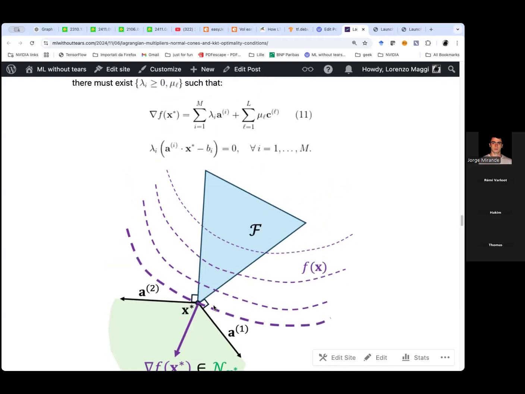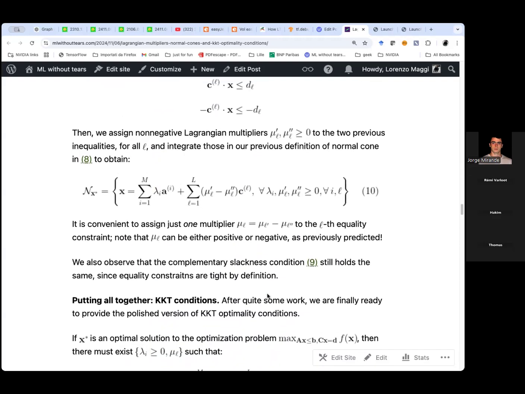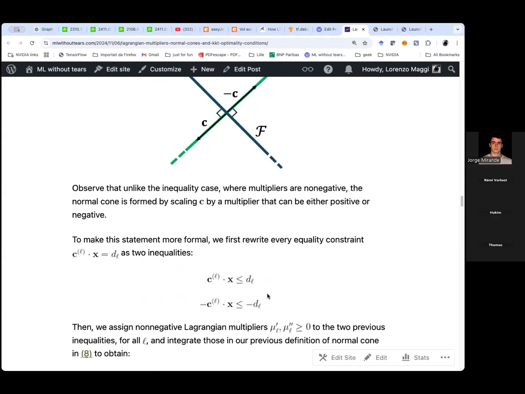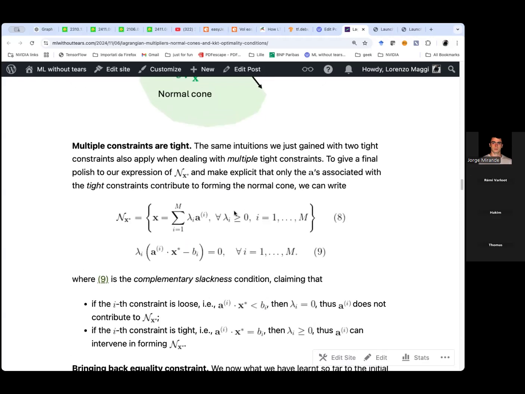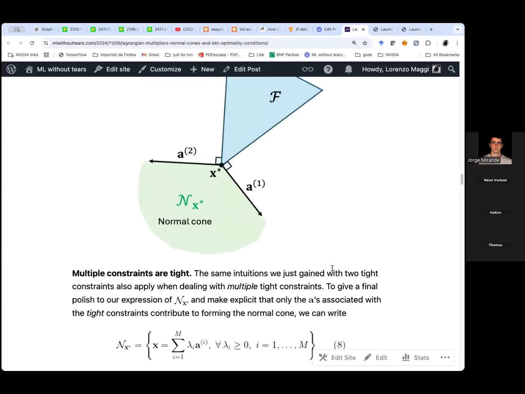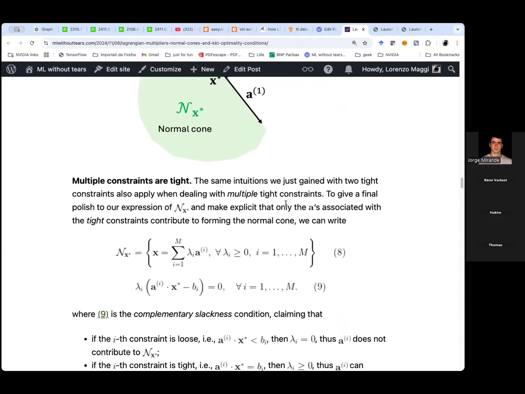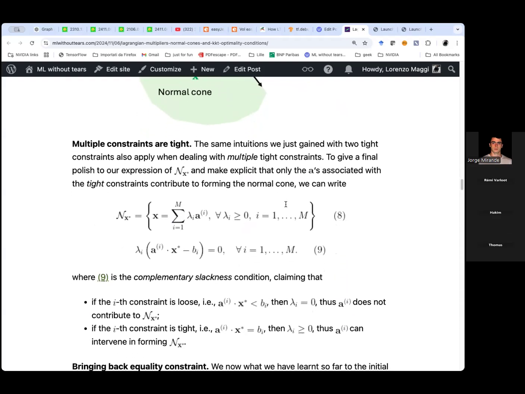Let's take a little step backwards now. We've gotten here so far with two constraints which are tight. If multiple constraints are tight, it's the same story.